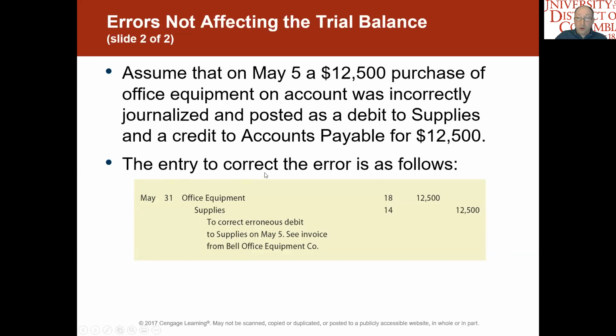The entry to correct the error that we would need to enter is office equipment 12,500 and a credit to supplies 12,500. So in other words, I accidentally called it supplies instead of office equipment, right? So in order to correct that, I simply reverse those two accounts, and then I make an entry as to what that correction was for.